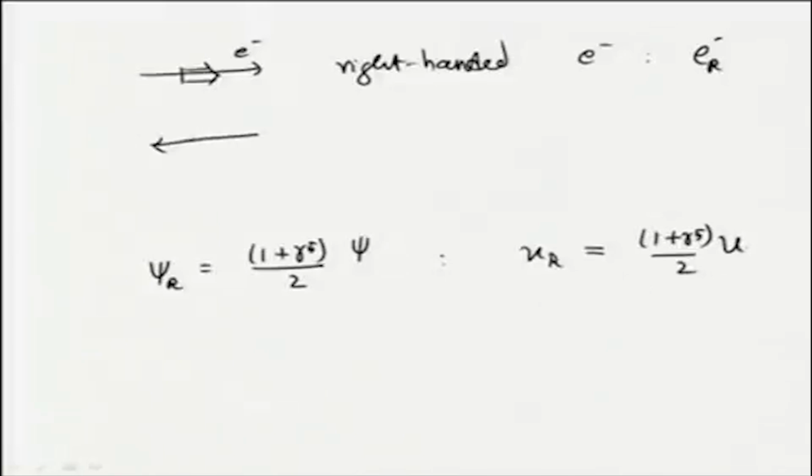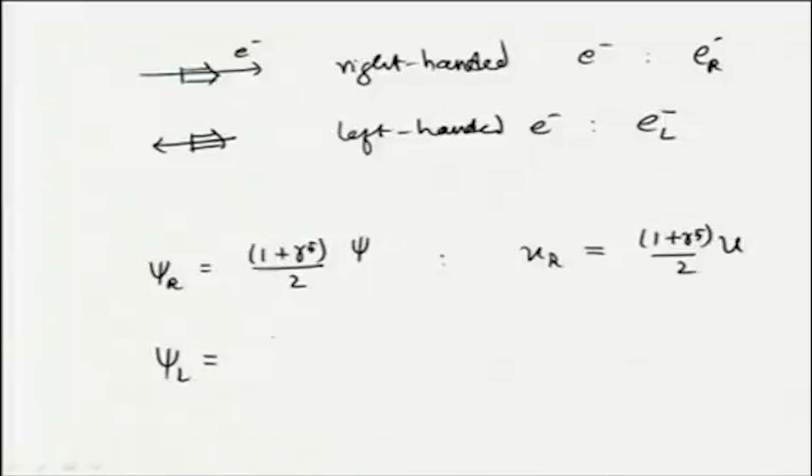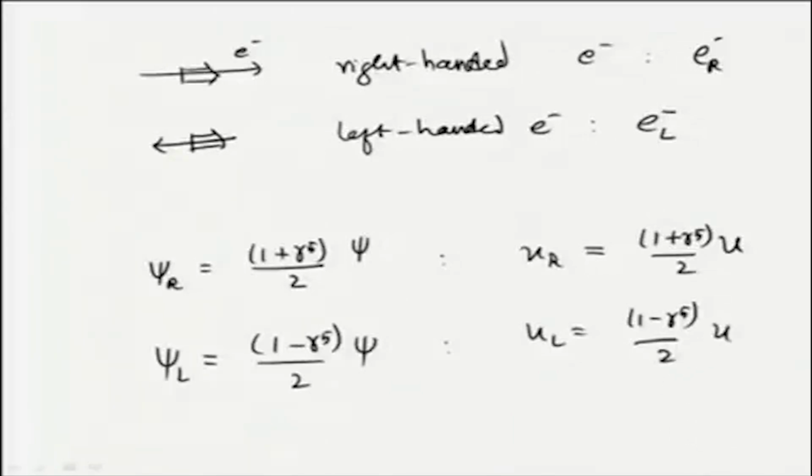Similarly, you can represent the left-handed electron by E L minus, and that can be represented by the wave function psi L equal to 1 minus gamma 5 by 2 psi, or u L is 1 minus gamma 5 by 2 u.